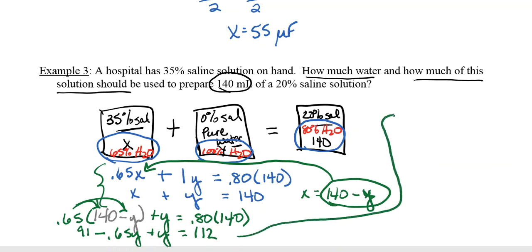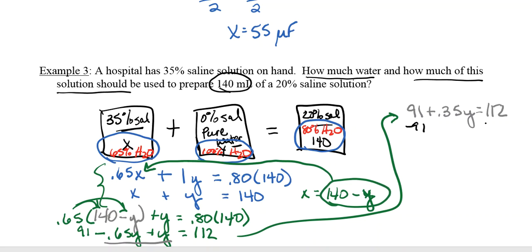I'm going to come way over here because I'm running out of room. So I'm going to combine like terms, which would be the y's. So I have 91 plus 0.35y equals 112.